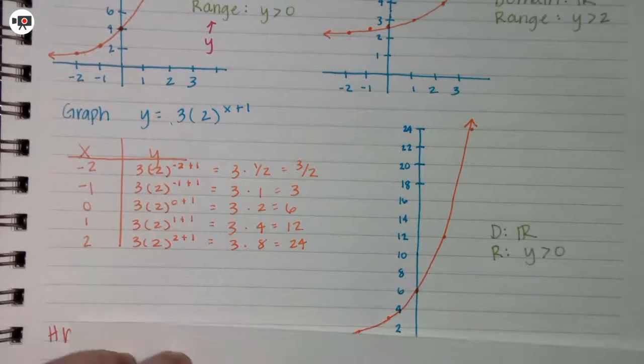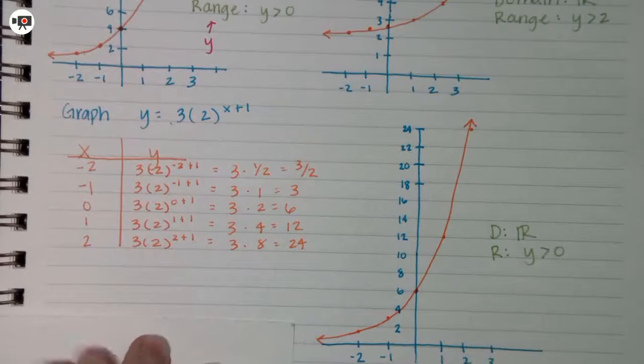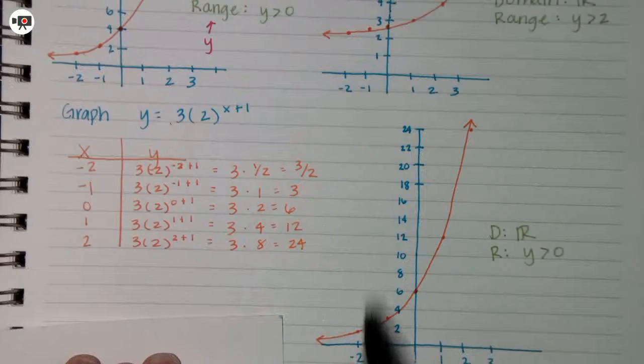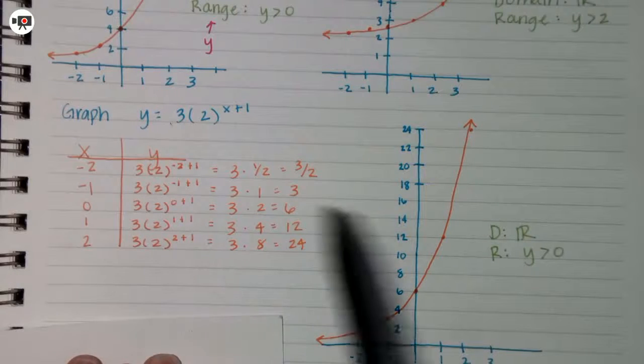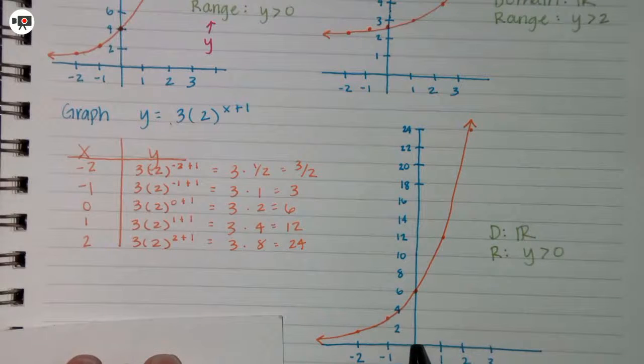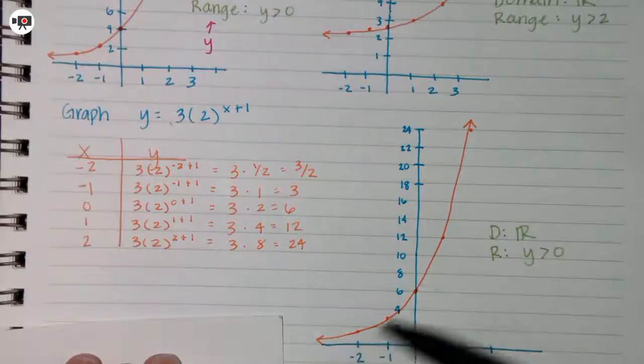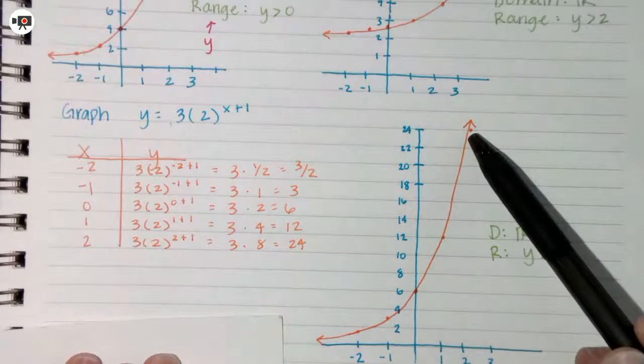So then when I plot those, I have negative 2, 1.5; negative 1, 3; 0, 6; 1, 12; and 2, 24. So this one is much steeper, much faster.